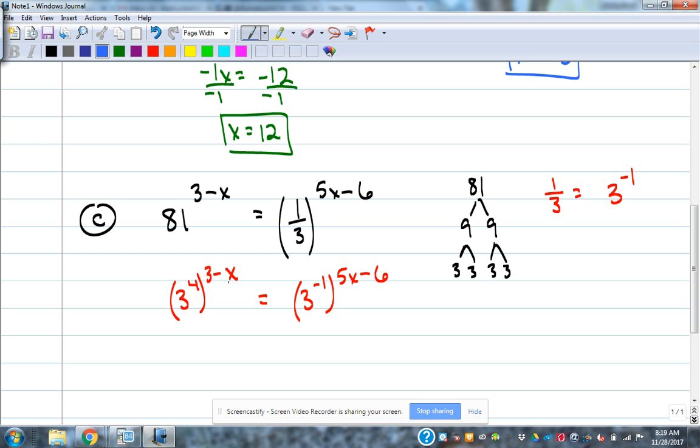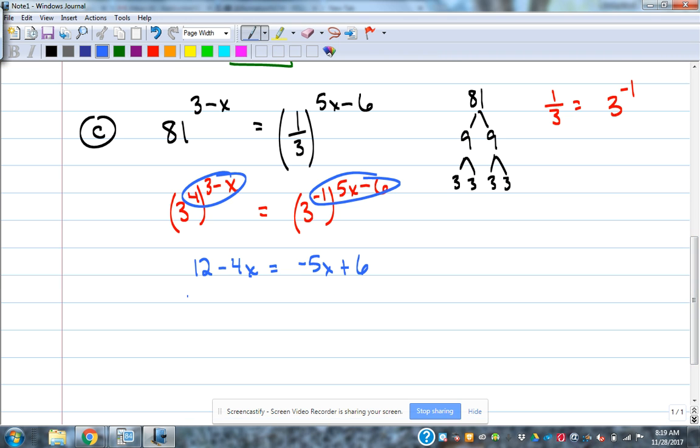And then again, what's the property for those exponents? Multiply. It's distributive property on each side. So that's 12 minus 4x equals -5x plus 6. And I've already dropped the bases because they're the same now. So I'm just dealing with the exponents as my equation.